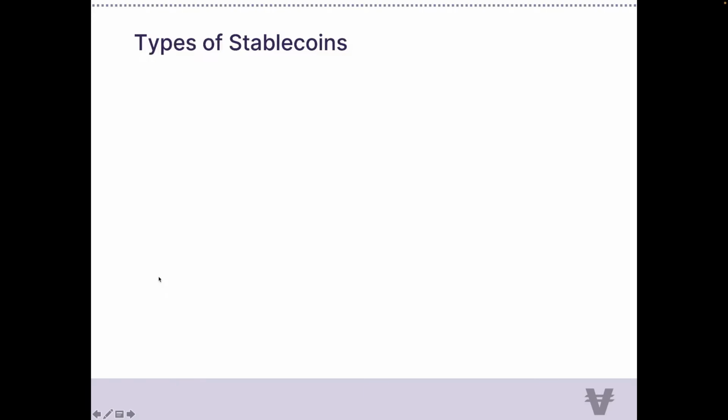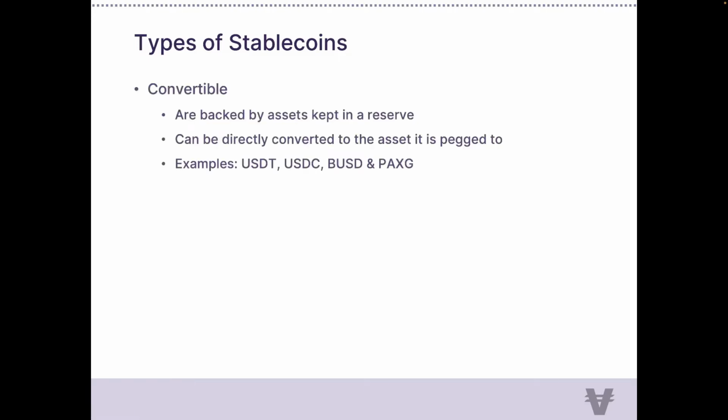Before we dive into each specific stablecoin we will be talking about, we have to distinguish between two categories. First, convertible stablecoins, which are backed by assets kept in a reserve.